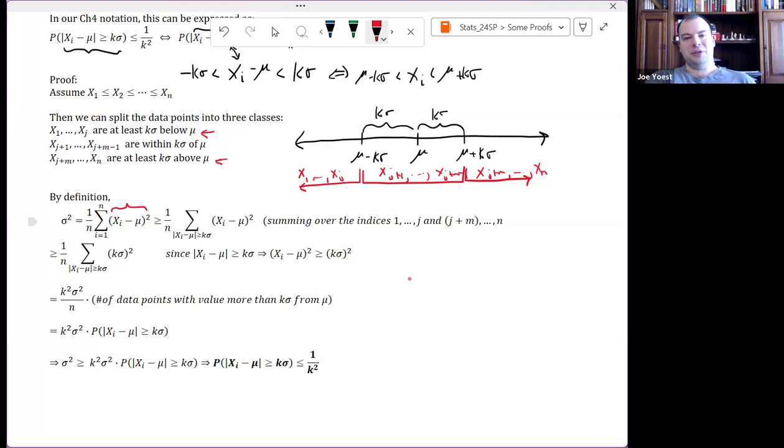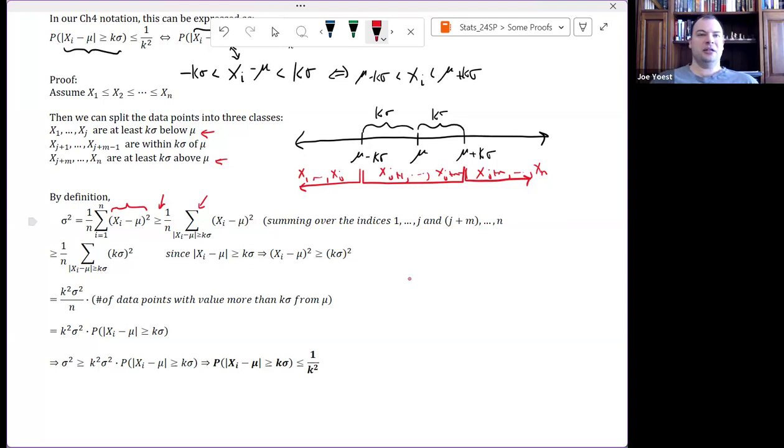If I get rid of some of these terms that I'm adding up, if I just erase them, then the sum either stays the same, if all those terms that I erased are 0, or it gets smaller. So I can make the sum smaller by choosing to sum over not all of the data points.